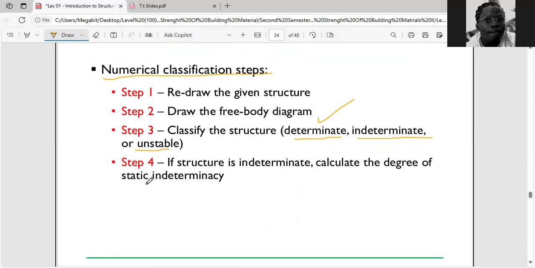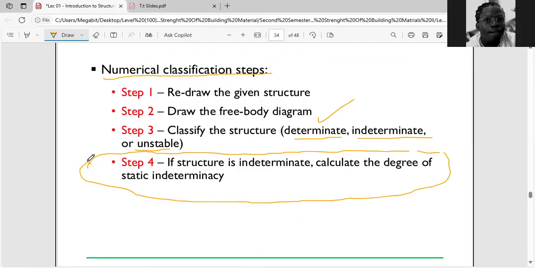In step 4, if the structure is indeterminate, calculate the degree of static indeterminacy. Step 4 is more or less optional, and it only applies when the number of reactions, R, is greater than 3. That is what makes the structure statically indeterminate externally, which causes us to calculate the degree of static indeterminacy.